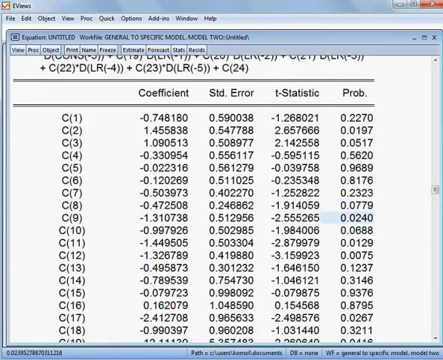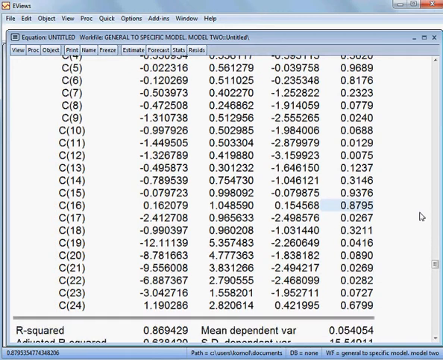Then C9 is significant. C10 is significant. C11 significant. I shall be keeping C12, significant. C13 no. C14 no. C15 no. C16 no. But C17 yes, significant.